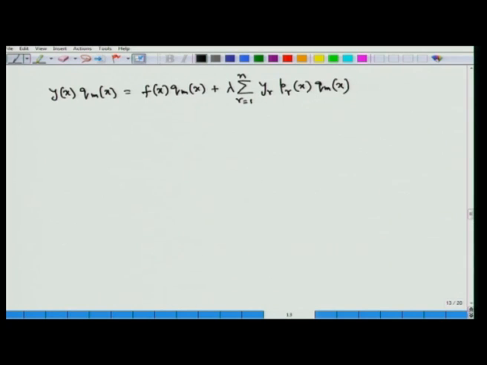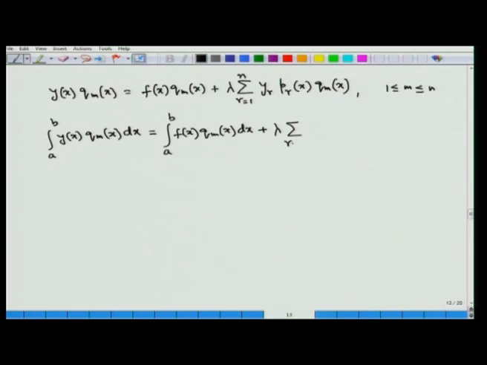This is the result we get by multiplying by q_m, where 1 is less than or equal to m less than or equal to n, and then integrating from a to b, we get integral a to b y(x) q_m(x) dx = integral a to b f(x) q_m(x) dx + lambda sigma r running from 1 to n y_r integral a to b p_r(x) q_m(x) dx.